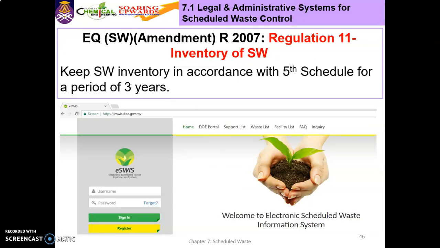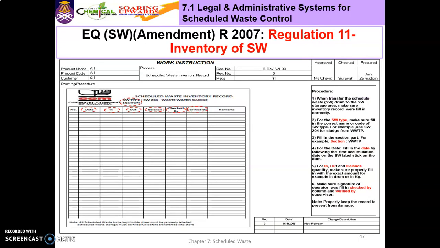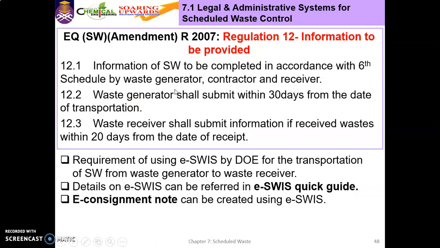Regulation 11 is about inventory of scheduled waste. Inventory can be done through the Electronic Scheduled Waste Information System, ESWIS. So this is the inventory. You should list all the information. This is an example of an inventory.